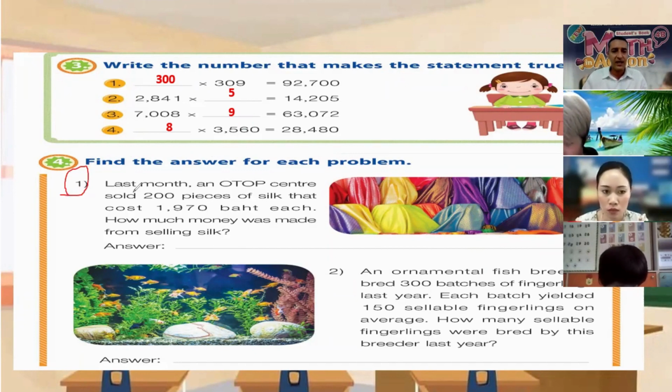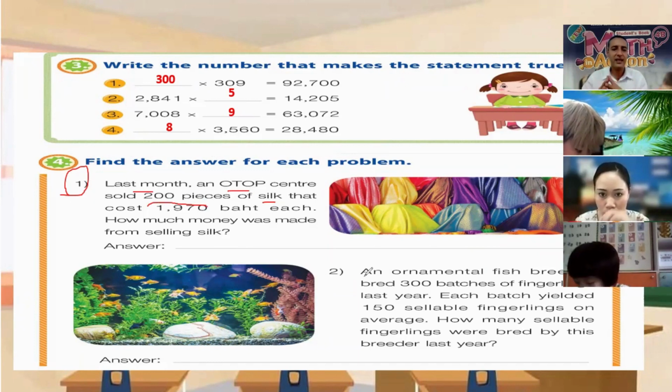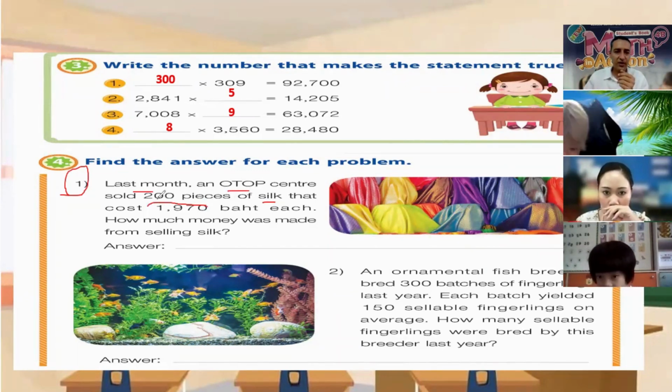Number one, last month an OTOP center sold 200 pieces of silk. Okay, information number one, the OTOP center, what do they sell? They sell silk. Okay, how many pieces? 200 pieces. So that's the first information given to us in the problem. Now continue the problem.